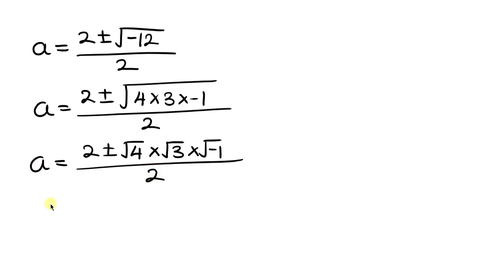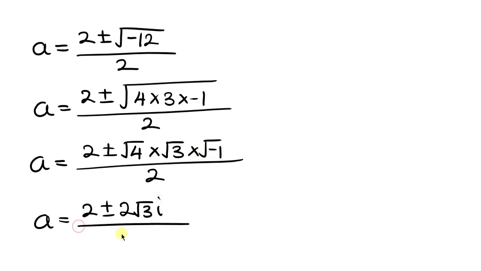Very good. So finally, a becomes 2 plus or minus the square root of 4, which is 2, times the square root of 3. So we leave that like that, root 3. Now the square root of negative 1 is iota, so we leave that as i. Very good. All over 2.